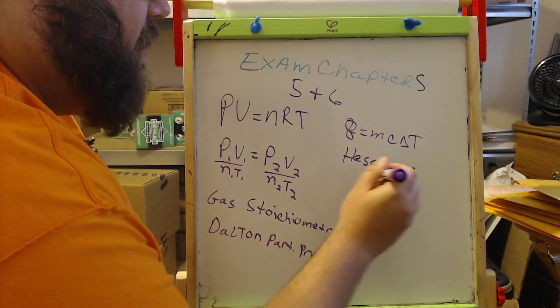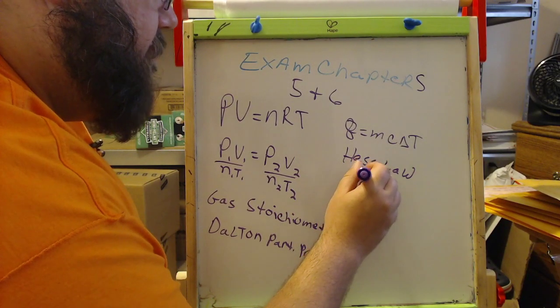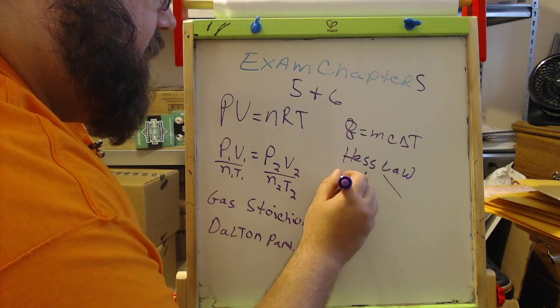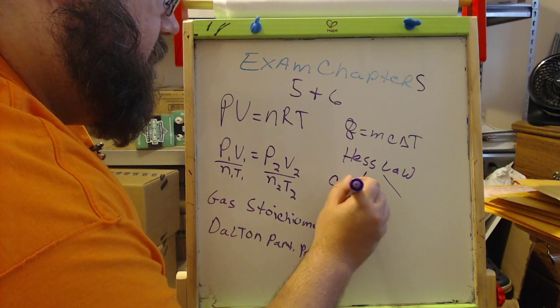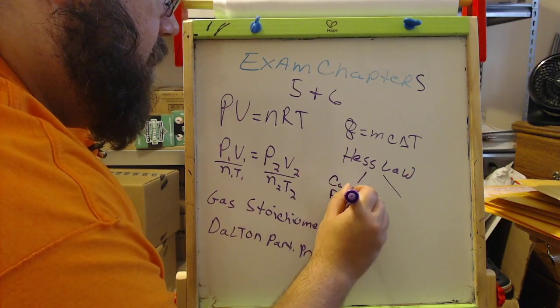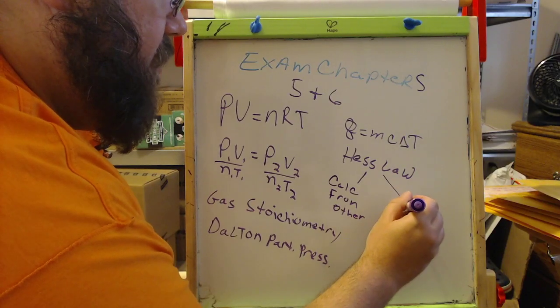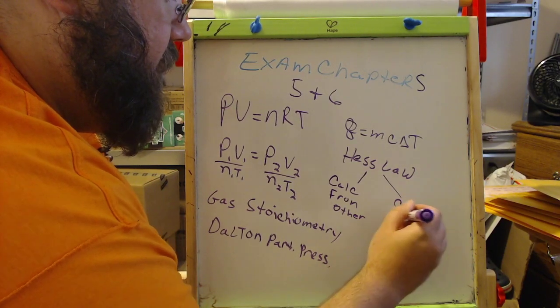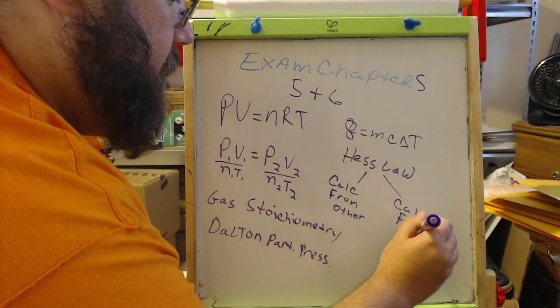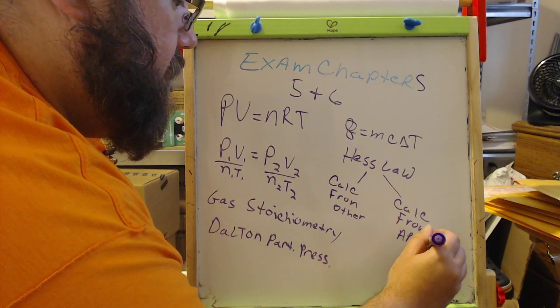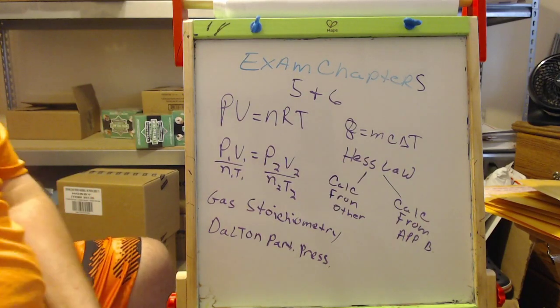There are two parts: calculating it from other equations, and then calculating it using Appendix B.